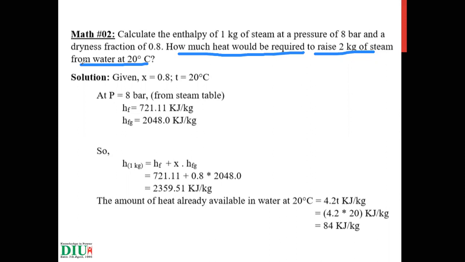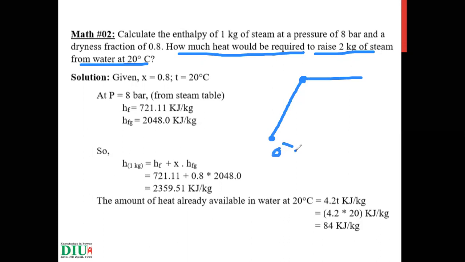If it is told 10 kg or 20 kg, no matter, you first find the value for 1 kg, then multiply. Here, how much heat would be required to raise 2 kg of steam from water at 20 degrees Celsius? Till now we are using the steam table that is given from 0 degrees Celsius. See, this is 0 degrees Celsius.